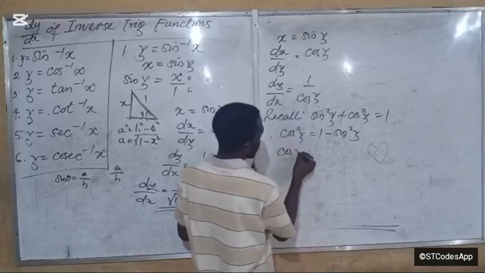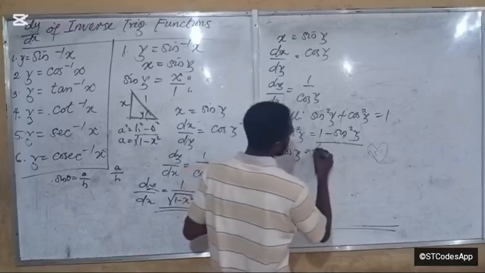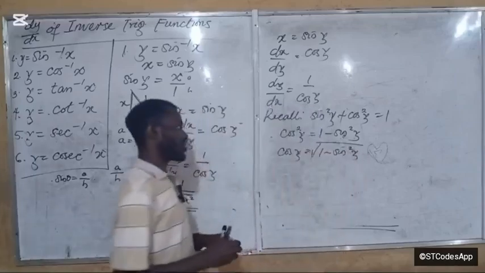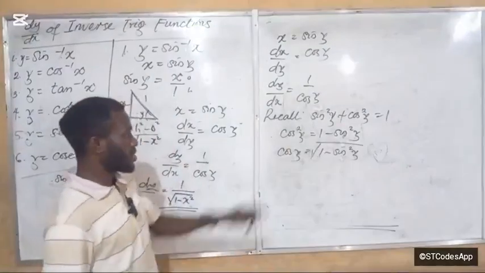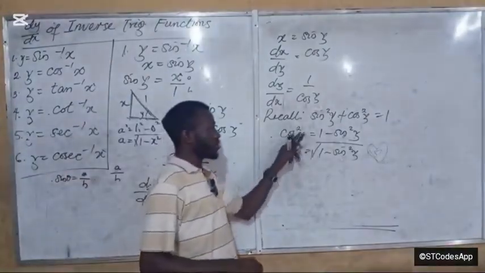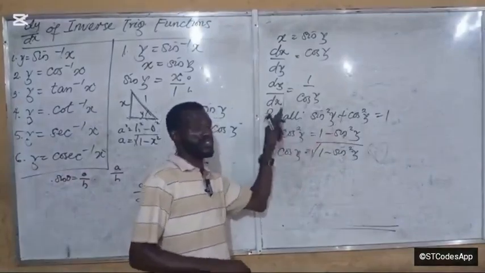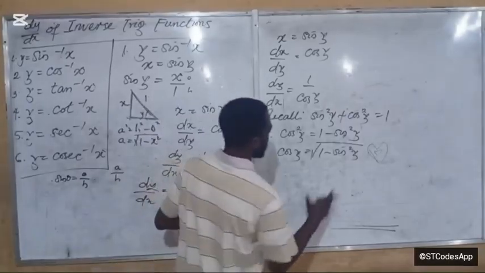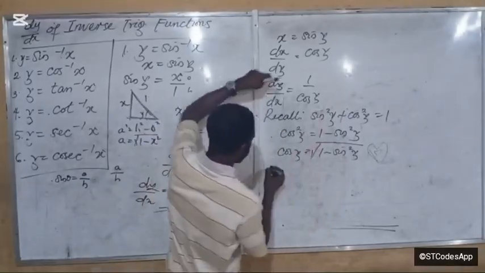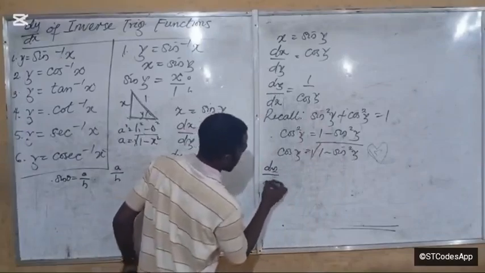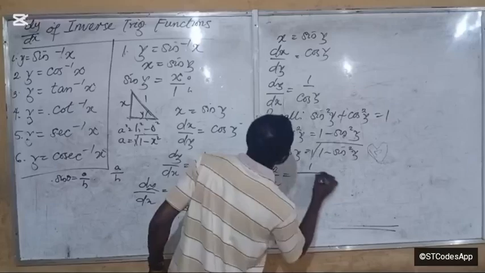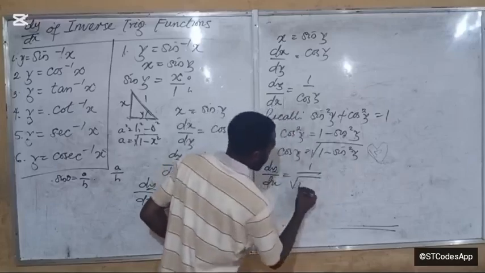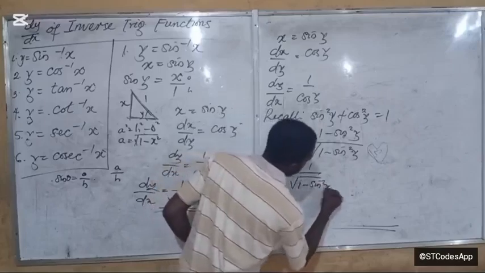So that cos y will be equal to the square root of 1 minus sine squared y. Is this clear? By the time we make cos the subject of the formula, you're going to take the square root of both sides, and then you have this. Okay? Now, by the time we substitute this into the equation, dy/dx will be equal to 1 over cos y. So cos y is now this, that's root of 1 minus sine squared y.